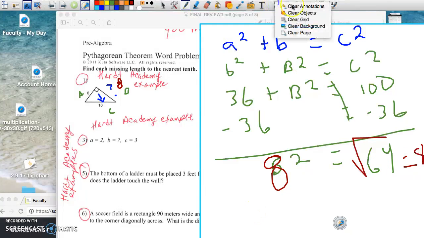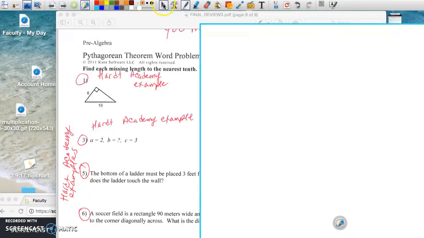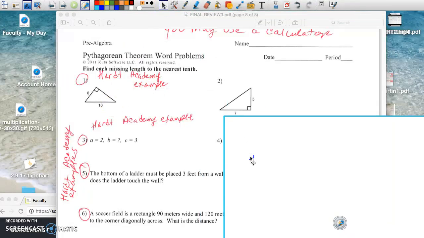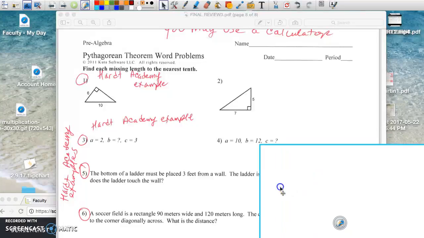Okay, so Pythagorean theorem for that one, I did that one, you do number 2. I'm going to do number 3, so you can do number 4.